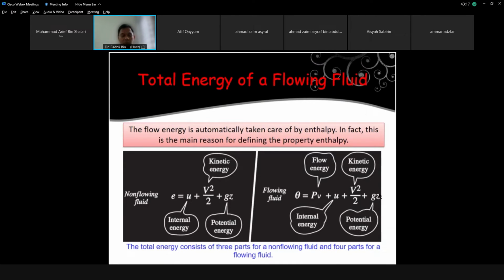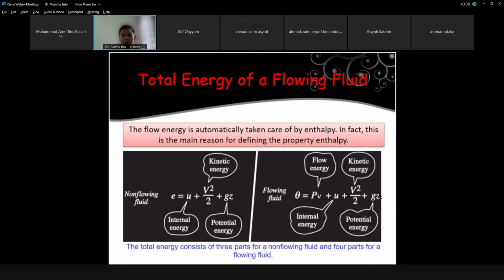Okay, so untuk non-flowing fluid ini adalah berkaitan dengan closed system. Closed system, the topic that we learn in chapter number 3, is non-flowing fluid. Non-flowing fluid, because the fluid is not flowing. Dia static di dalam.